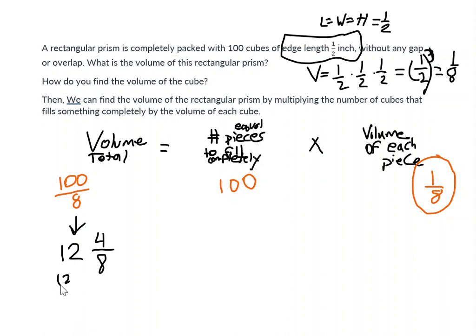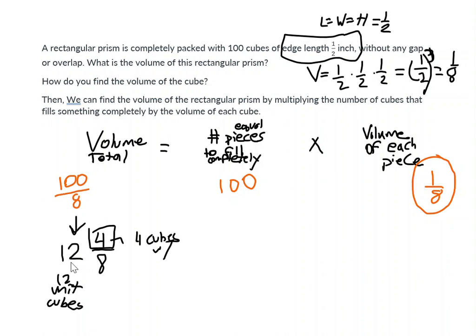There are 12 wholes. So that represents 12 whole unit cubes. And then we have 4 smaller cubes that each have a volume of 1/8. 4 cubes with a volume of 1/8, and then 12 unit cubes, since we got this whole number of 12. 96 over 8 is 12.